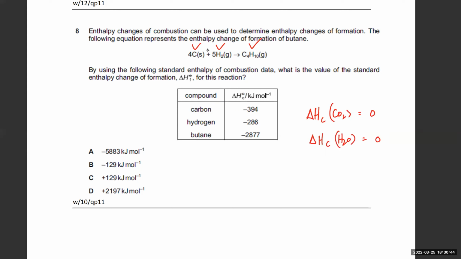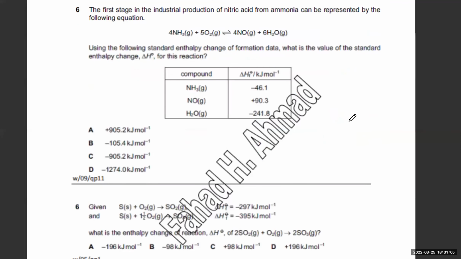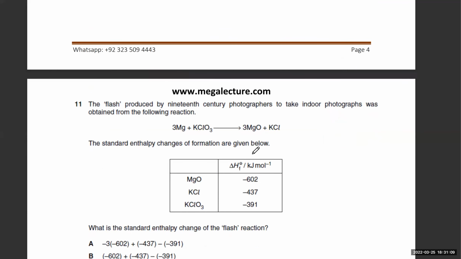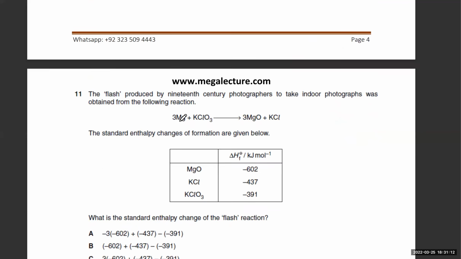All right, sir. Yes. So in formation, remember that elements are zero, and in combustion, remember that anything that's already combusted has an enthalpy of combustion of zero, because it won't combust anymore. So you can't burn CO2 in oxygen and produce CO2 again. So nothing is happening. So in formation, it's products minus reactants.